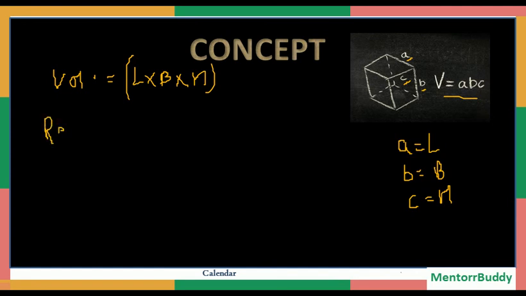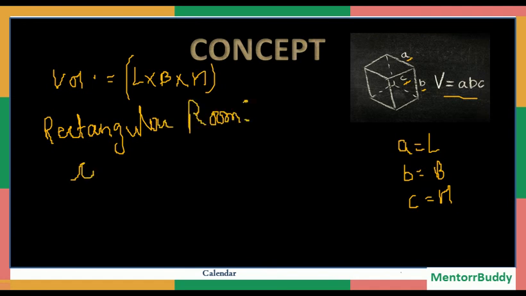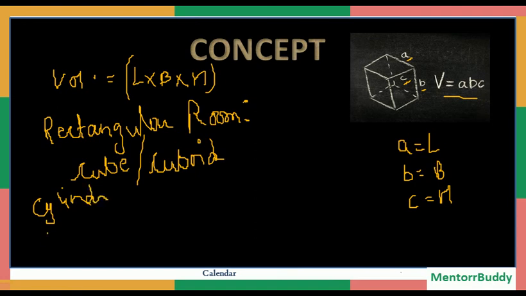As far as the question is concerned, if the discussion is about a rectangular room, the shape can be either a cube or a rectangular cuboid. But 3D shapes like cylinder, cone, sphere or hemisphere are not going to be the option.